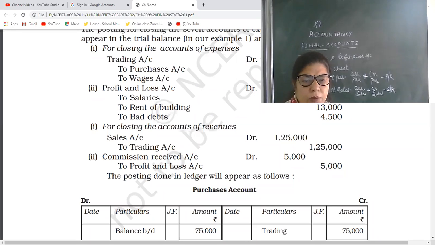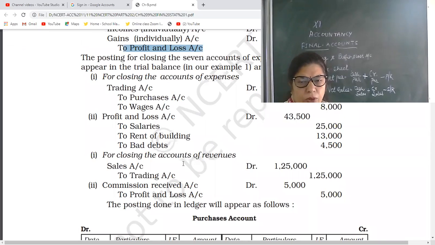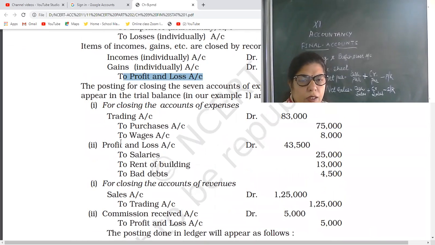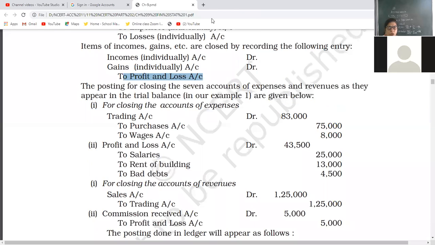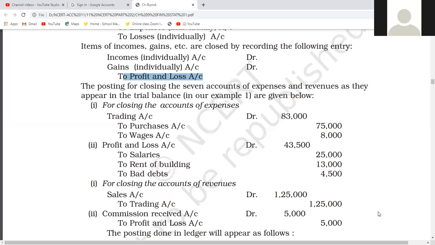For the income, commission received to P&L. Note down these general entries. These are the easiest way of doing that topic. Please note down the general entries.